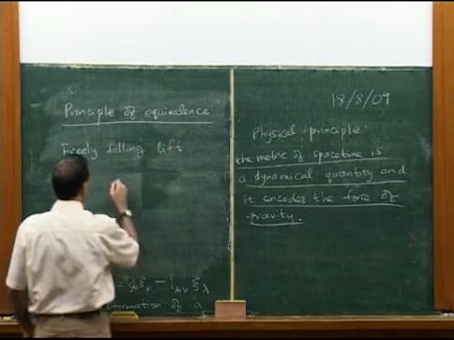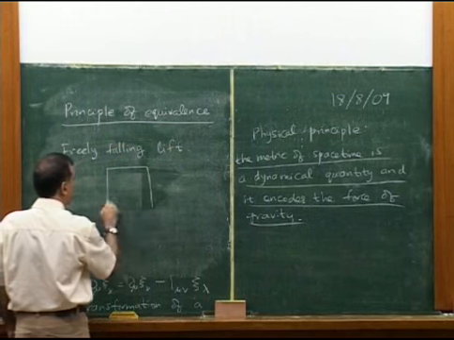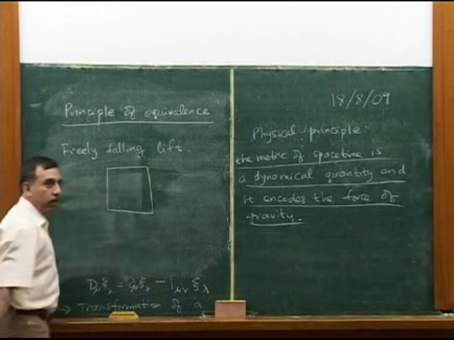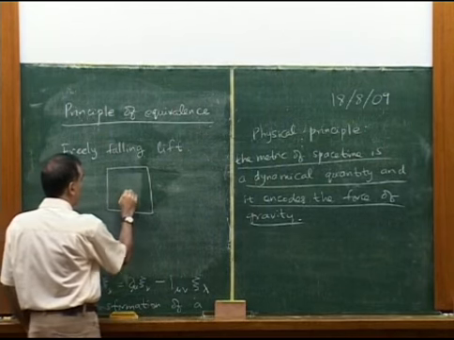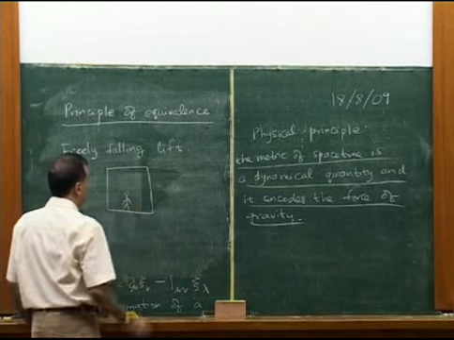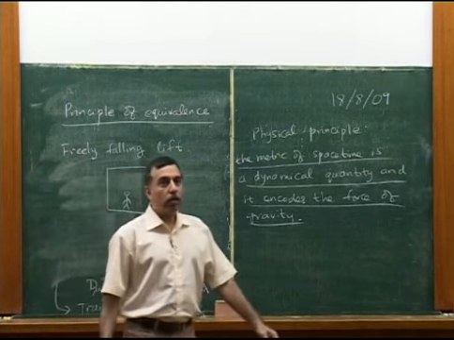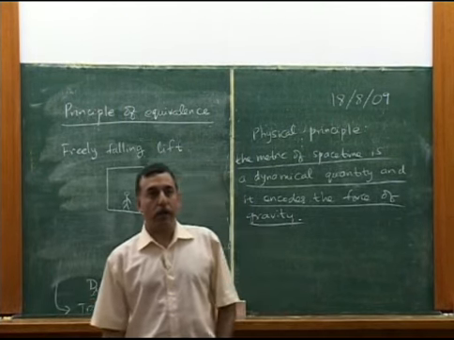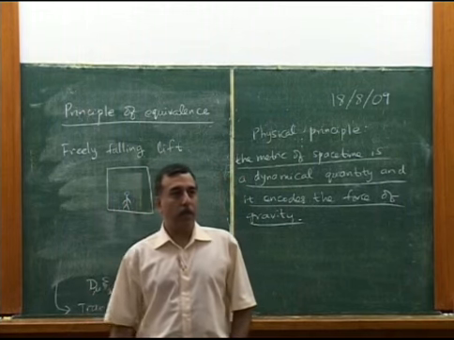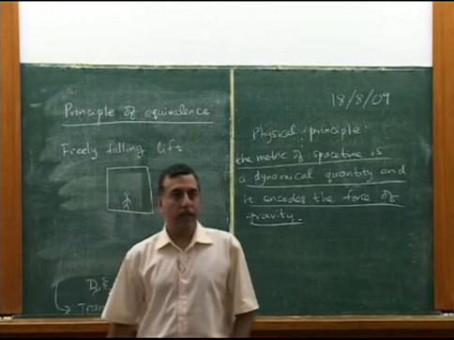The idea of a freely falling lift is that there's a closed enclosure, very comfortable inside. There's a person inside, but that person cannot see out, and that person just has to judge what is going on, what physical laws apply, by doing some experiments inside this box.